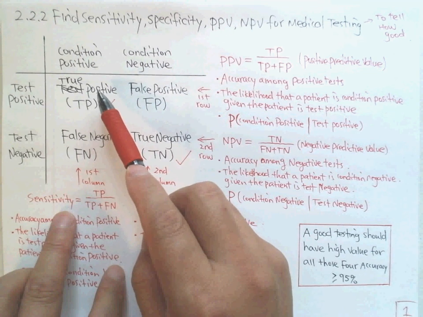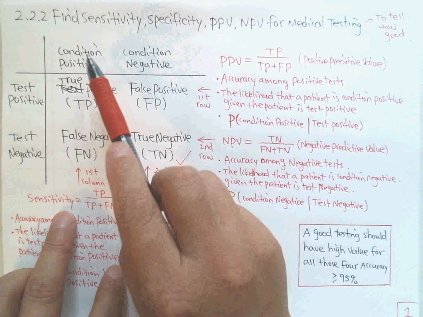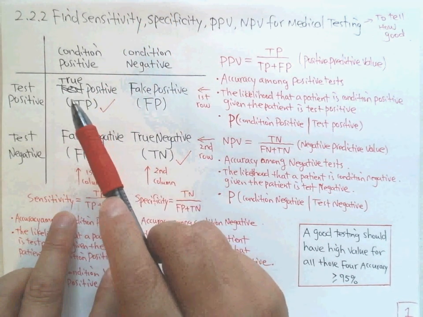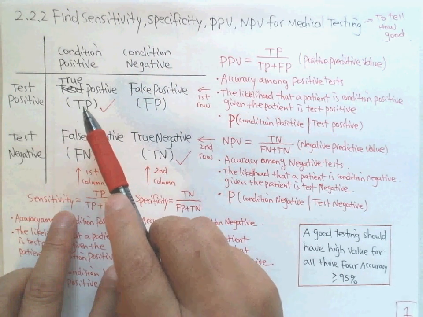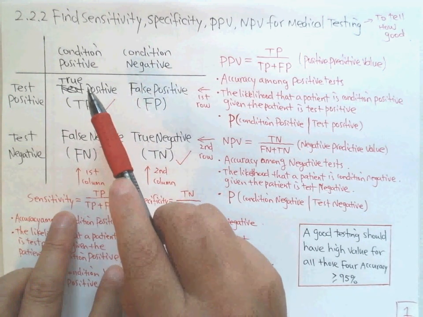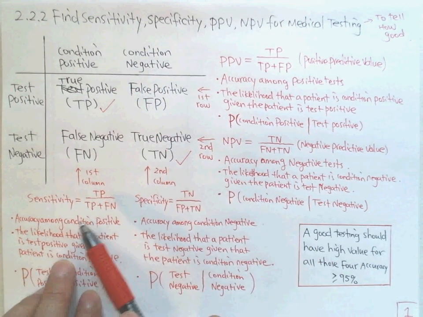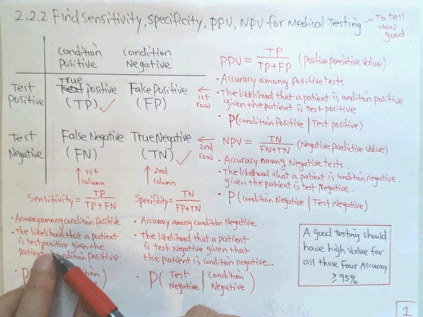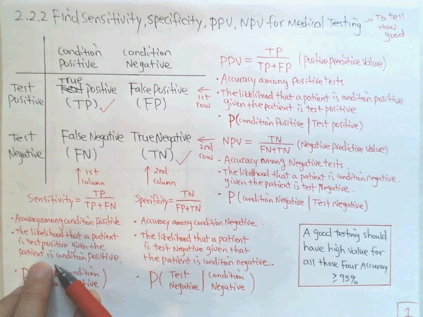Or we can say one real disease person goes to the test and has an 80% chance of being identified as test positive. We can say the chance is the likelihood that the patient is test positive, given the patient is condition positive.